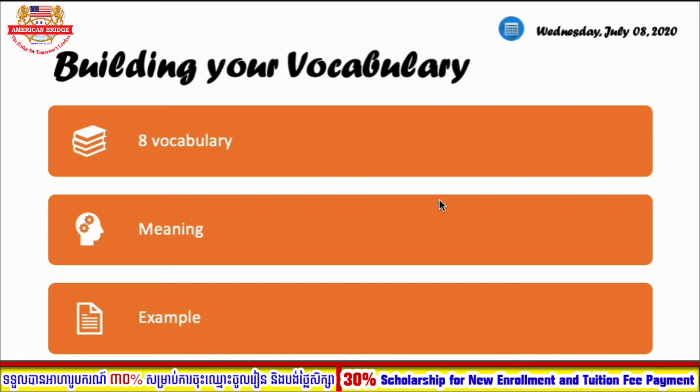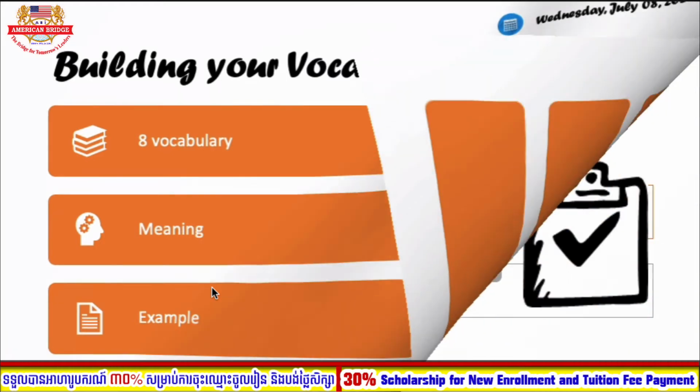So in this video, you will look at the meaning of those 8 vocabularies, and at the same time you will see an example of each word so that it can help you to use those words effectively in your writing and in your speaking. So without any further ado, let's start with the first word.